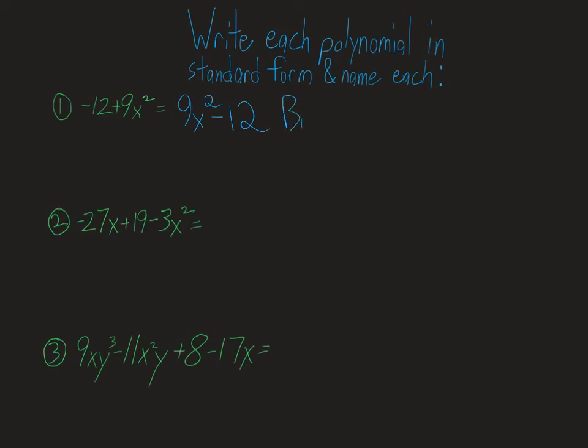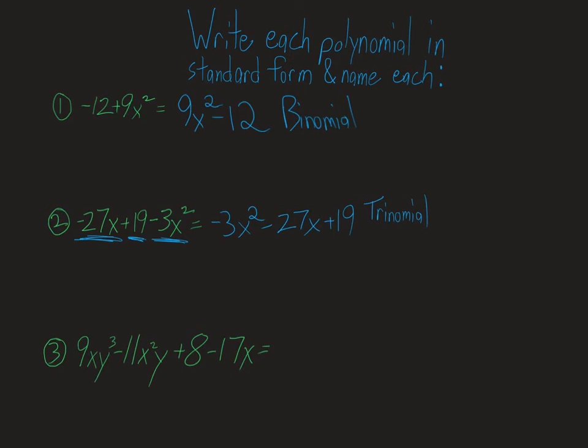And that is a binomial. Second one, that negative 3x squared is first. Then I go to the next highest variable, which is the negative 27x, that term. And finally, my constant, plus 19. 3 terms there, that's a trinomial.